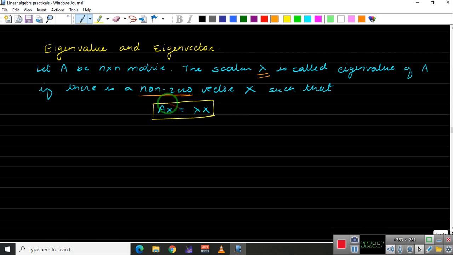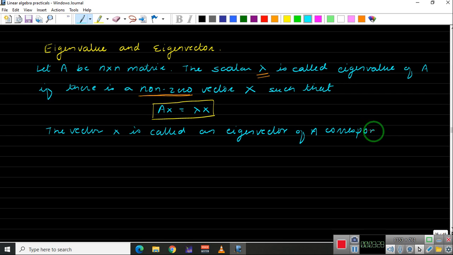So we insist that this x has to be a non-zero vector, and this non-zero vector x is called an eigenvector of A corresponding to lambda.